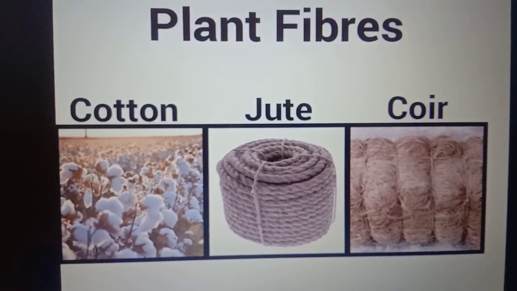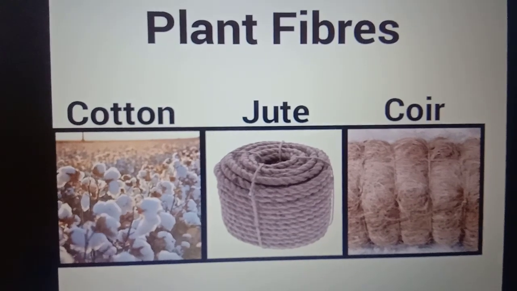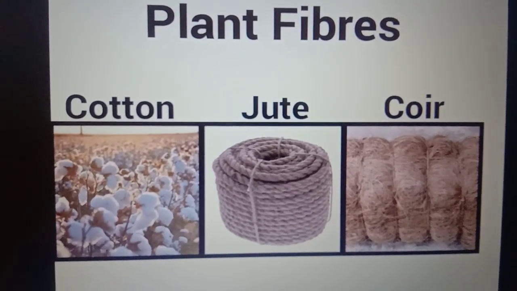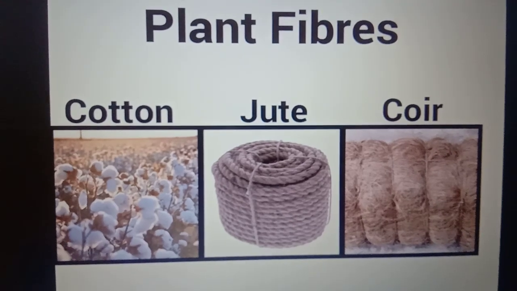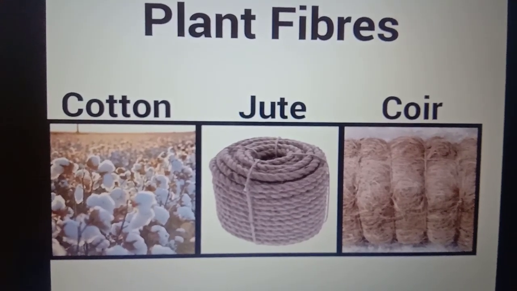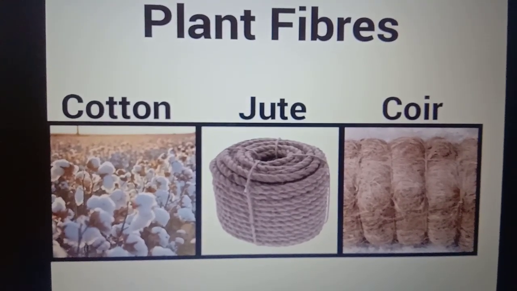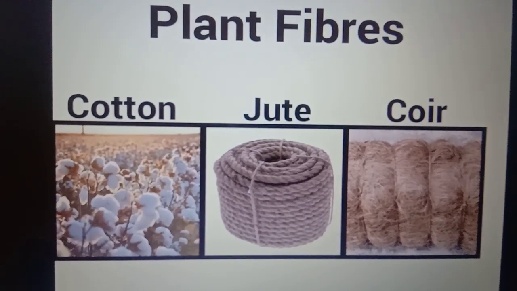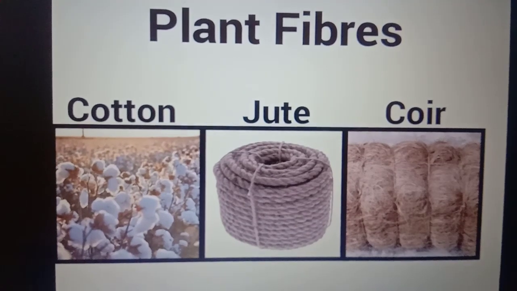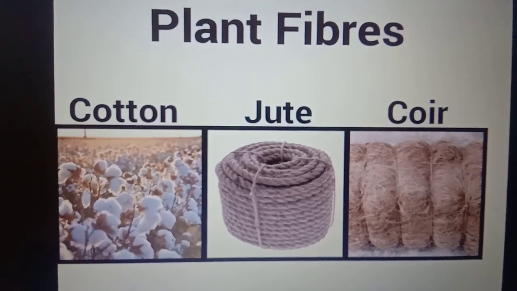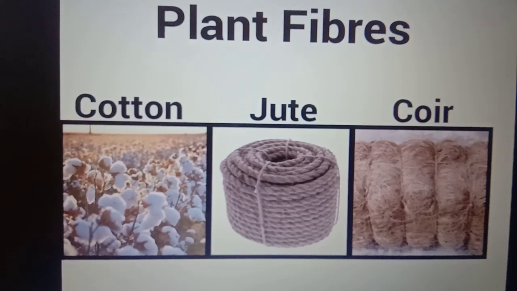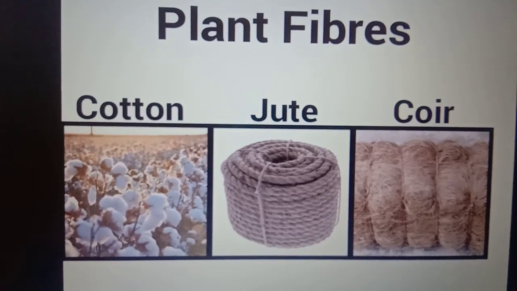Number 3 is leaf fiber. The fibers which are obtained from the leaves of plants are called leaf fibers. Leaf fibers are very rough. Sisal is an example of leaf fiber. Number 4 is stalk fiber. The fibers which are obtained from the stalk of the plant are called stalk fibers.